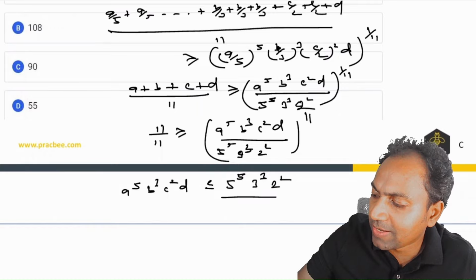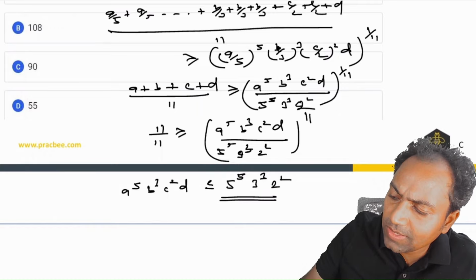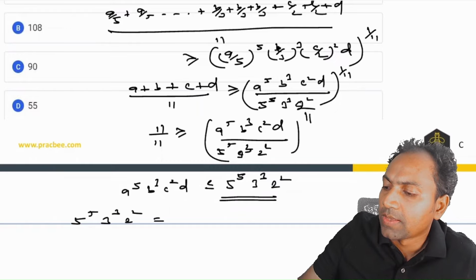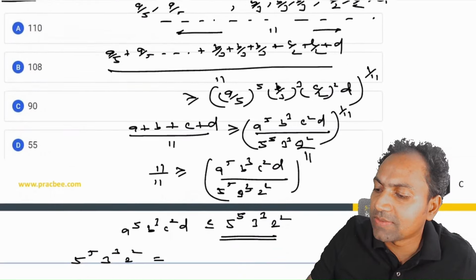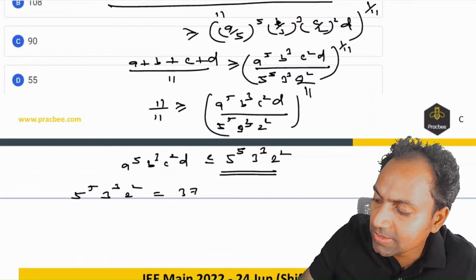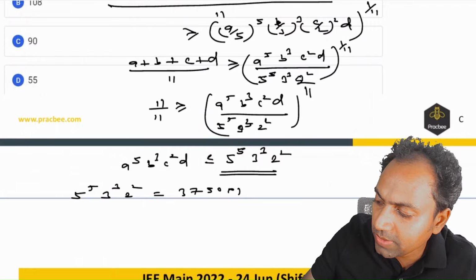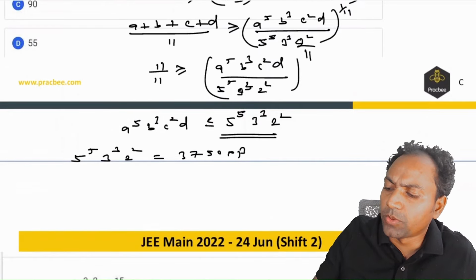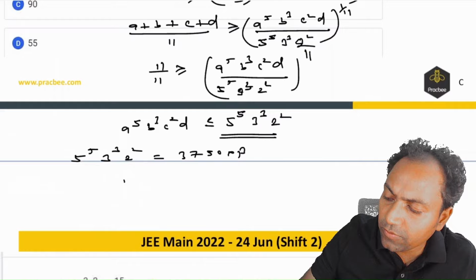Now what they've given is 5 raised to the power 5, 3 cube, 2 square should be equal to 3750 into beta. Now this can be easily solved. If you factorize it, the value of beta comes out to be 90.